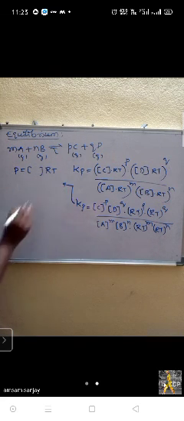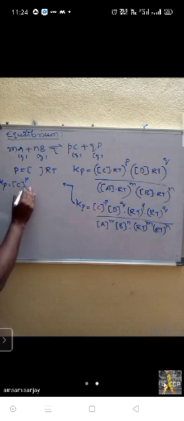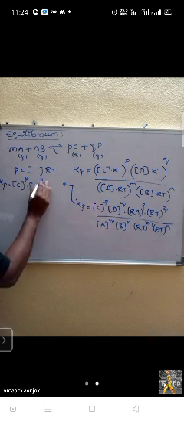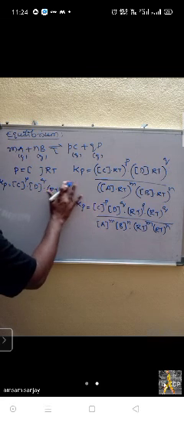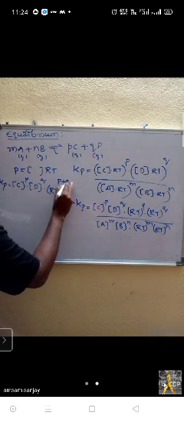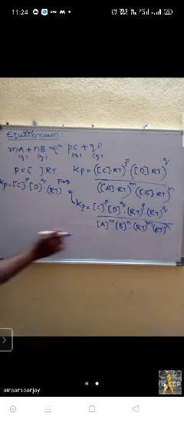Kp is equal to, this is as it is same, concentration of C to the power of P, concentration of D to the power of Q, into RT whole to the power of P plus Q. Yes, no? I didn't do anything, because bases are same, then powers I am adding.